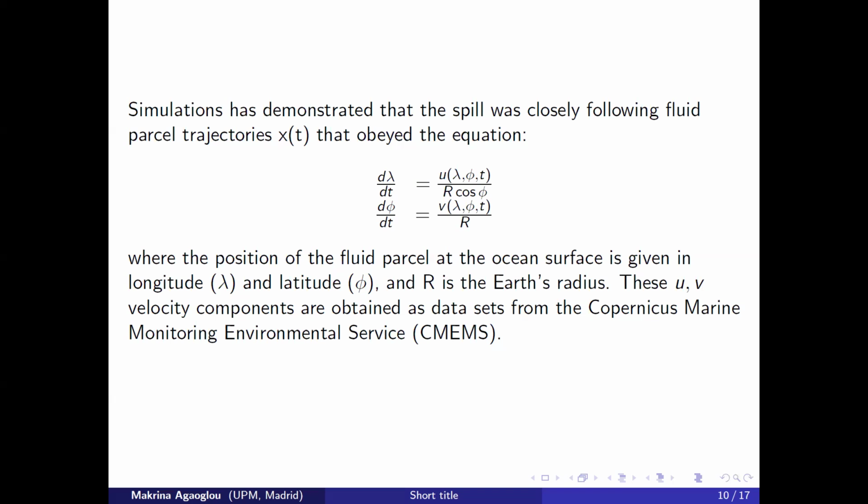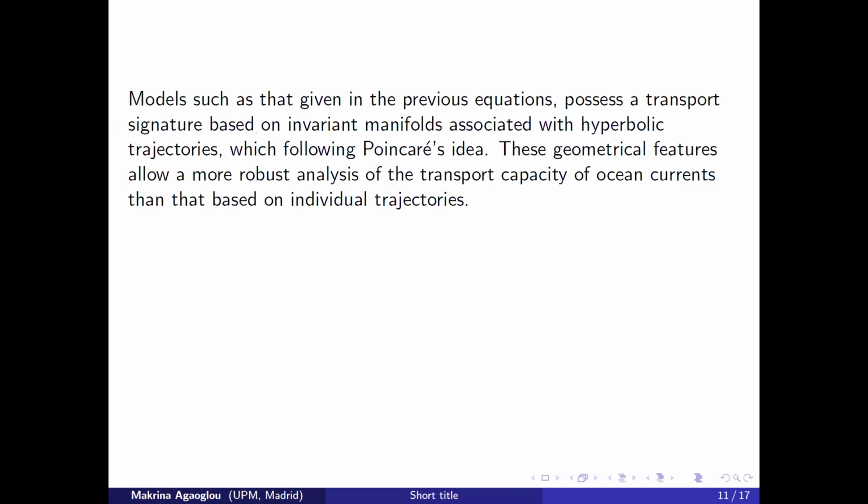And the goal of this paper is to use these outputs to discriminate models, because CMEMS, for example, provides 2 datasets describing currents in the Mediterranean Sea, that is the global product and the Mediterranean product. And given that both models provide information for the same area, a natural question is to determine whether one is more suitable than the other for describing transport in the type of event described above.